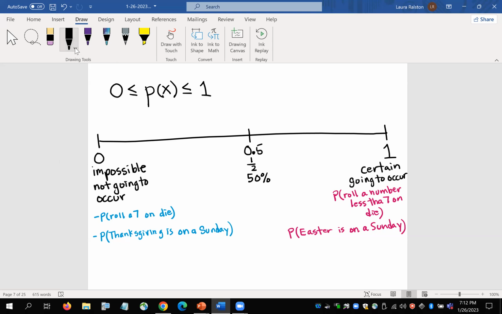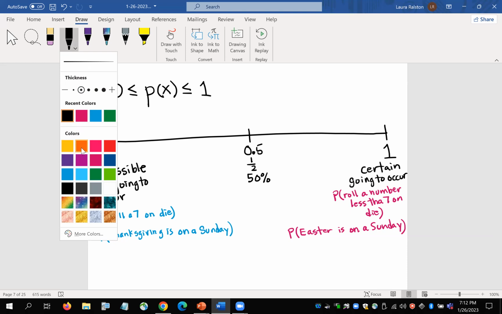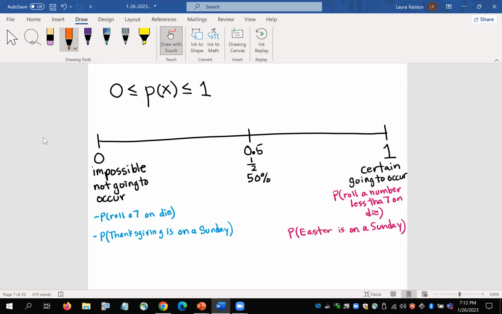And we tend to think about this like a thermometer. If you're close to 0, your event is less likely, or it's unlikely. But as you move towards 1 and the values get higher, the event is more likely, or we just say likely.